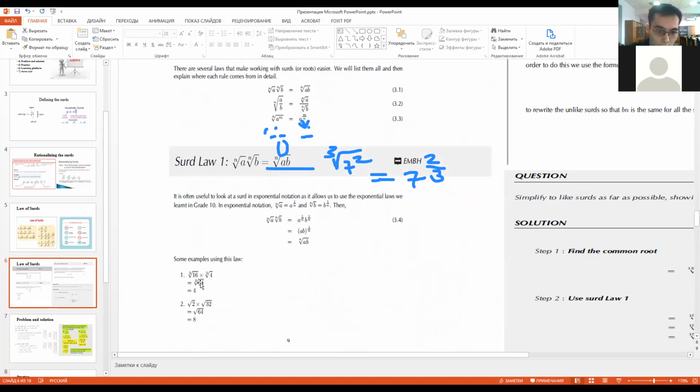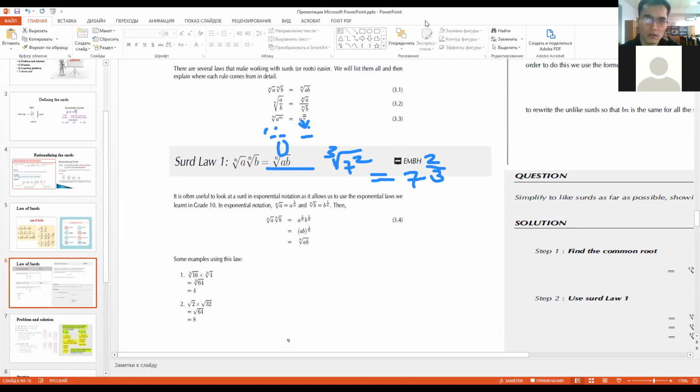Look at the example. There are some examples using this law. For example, 3 degree, the cube root. This is a cube root. Multiply cube roots in the radicals, and the first radicand is 16. The second radicand is 14. You can multiply both of them.